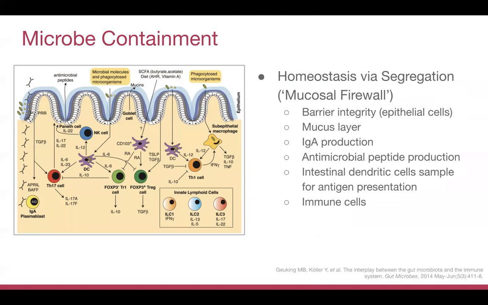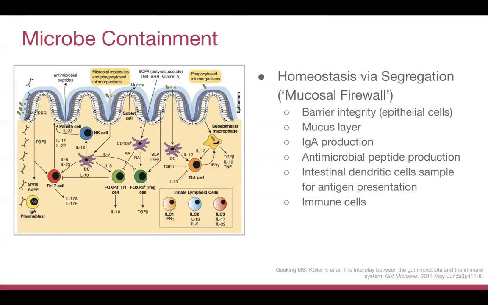Remember, our GI tract is a tube that runs from the mouth to the anus going through our body. And so containing microbes is very important. Remember, our immune system is aimed at controlling our relationship with microbiota and our microbiome. And microbe containment is achieved via this mucosal firewall.